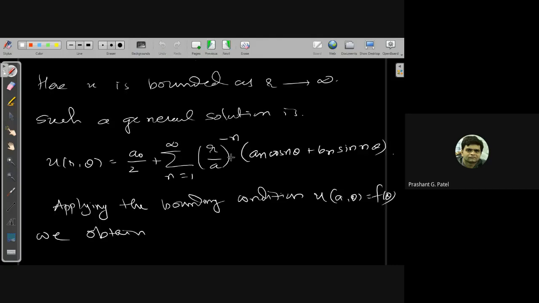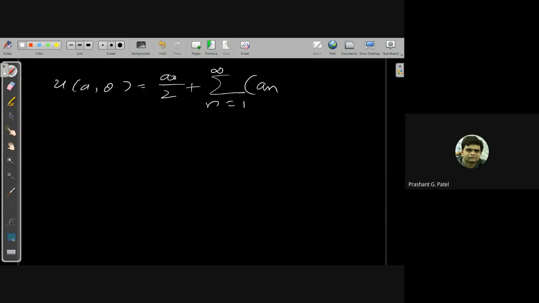R upon a gives me 1, so it gives me an cos n theta plus bn sin n theta, and hence this is represented as a Fourier series of the function f, as the function f is a periodic function.